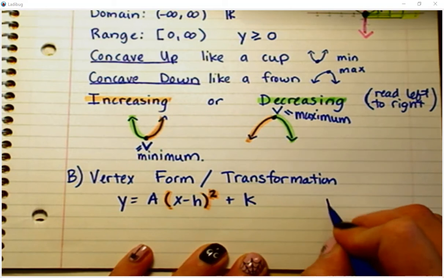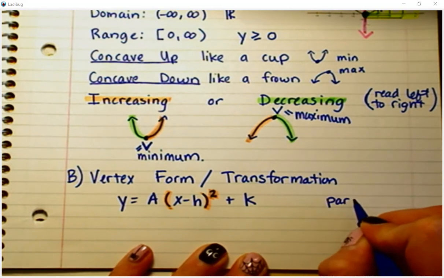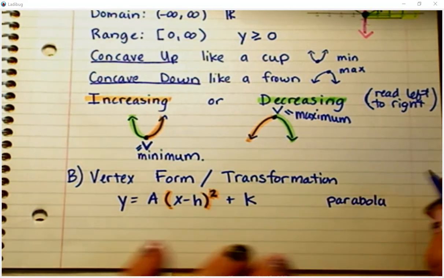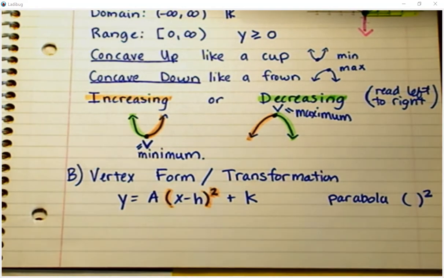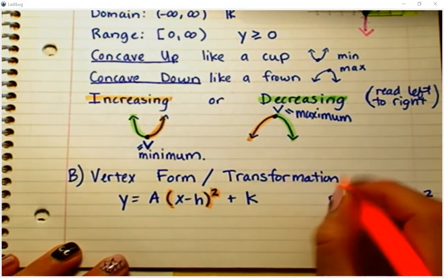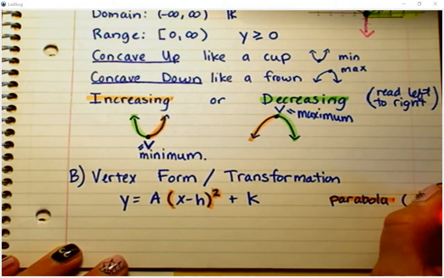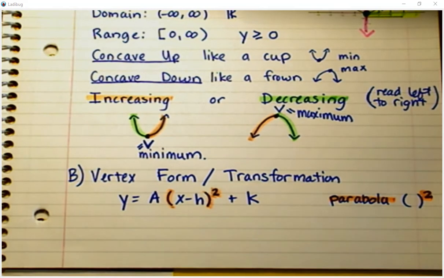So the parentheses and the square is what makes it the parabola shape. Eventually we're going to have 8 different shapes to pick from. Now we have 3: line, V, U. We are learning the U shape. So it's a parabola because of the square.